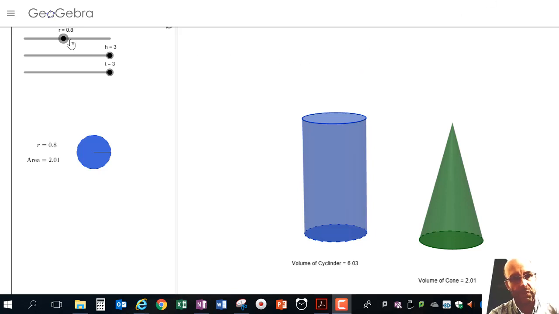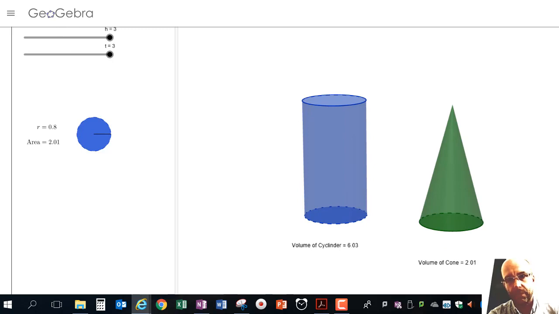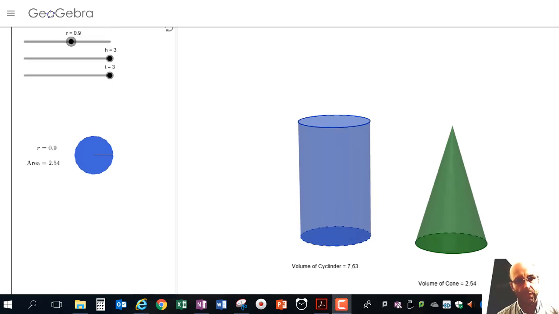So let's adjust the radius a bit. Change the radius now to 0.9, and you can see that the volumes have changed, as you would expect. Change the radius of the bases and you get different volumes because the area of the base has changed.